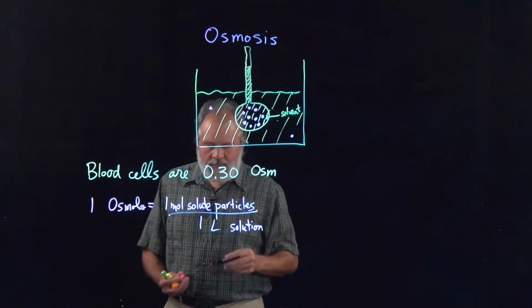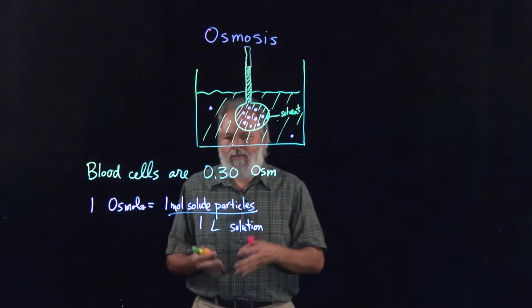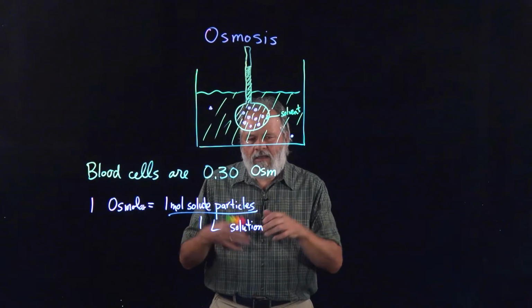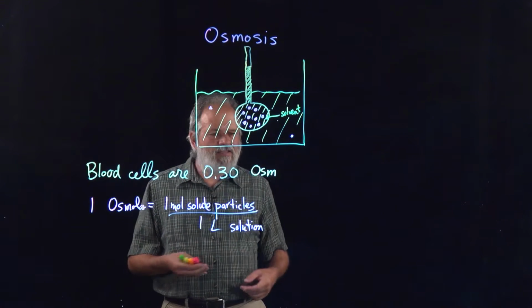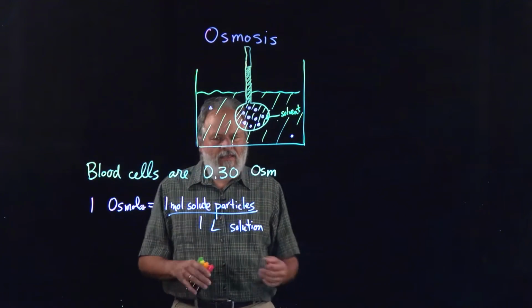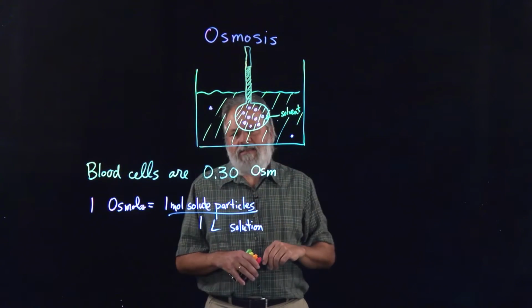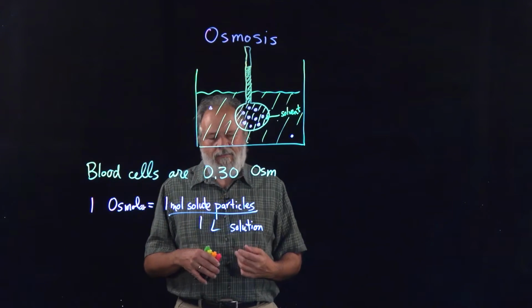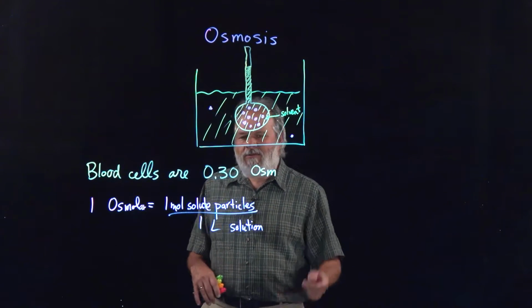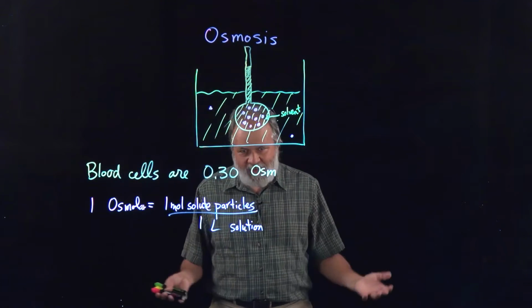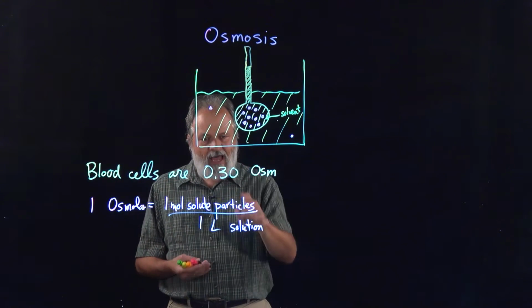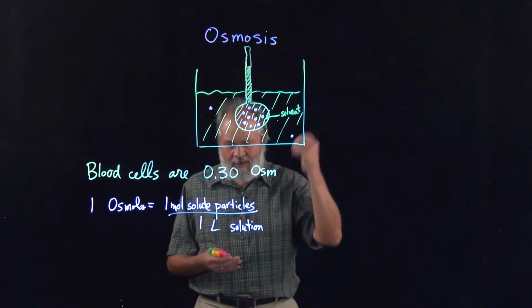Most tissues in our body are 0.3 osmolar. So what that means is if you introduce a solution that is higher, that's hypertonic, that's bad. If you introduce one that's lower, that's also bad. It's hypotonic. So hypotonic is below, hyper means above.